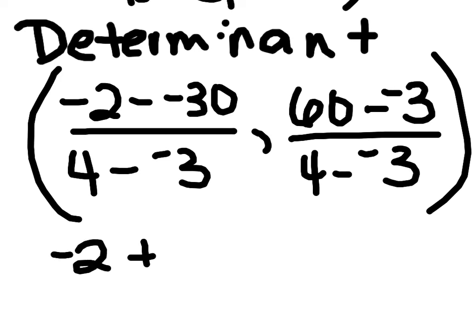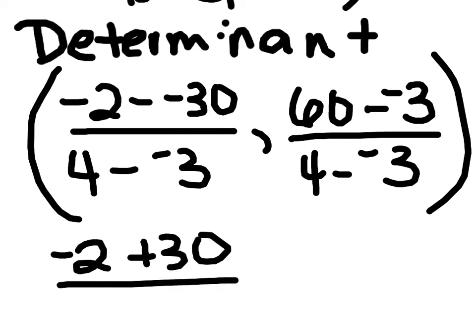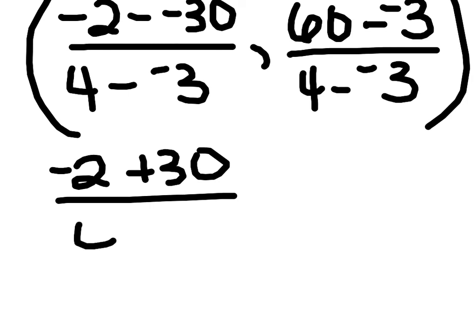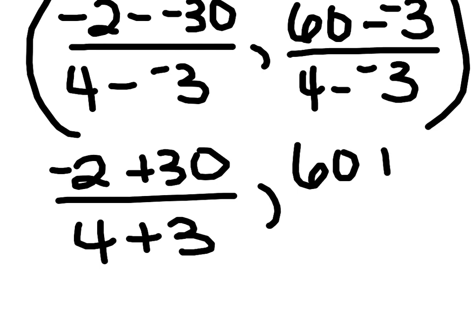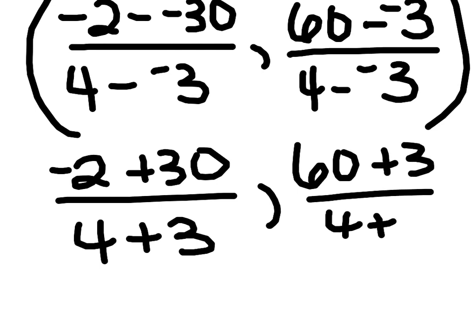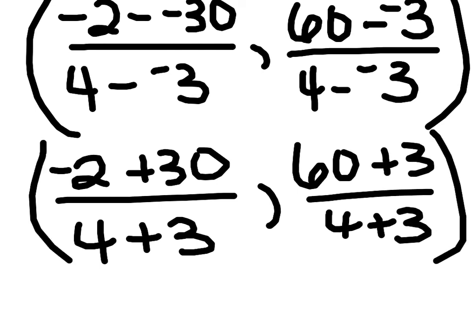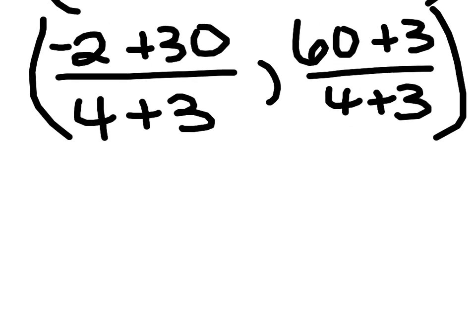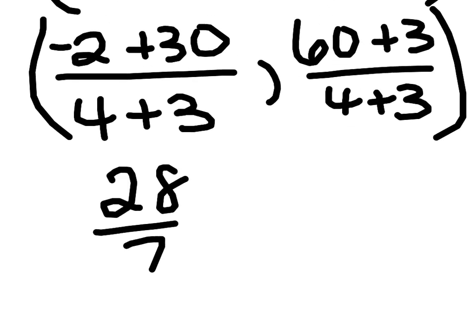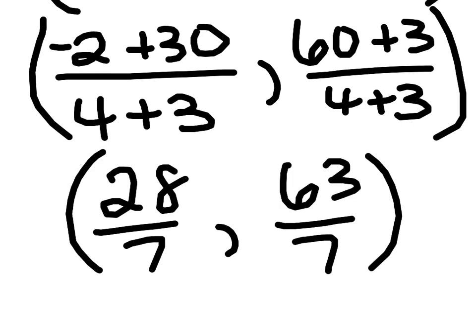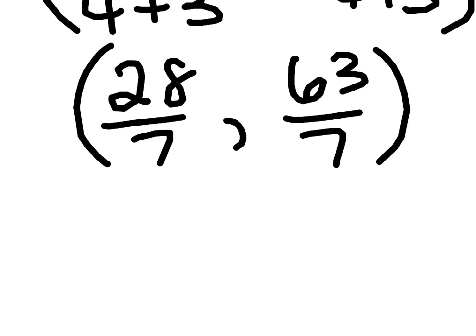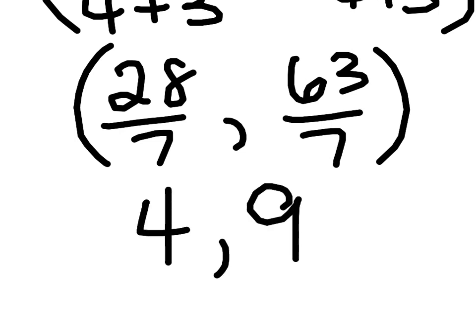This gives me -2 plus 30 over 4 plus 3, comma, 60 plus 3 over 4 plus 3, which would give me 28 divided by 7, comma, 63 divided by 7. 28 divided by 7 is 4, and 63 divided by 7 is 9. So I get 4, 9.